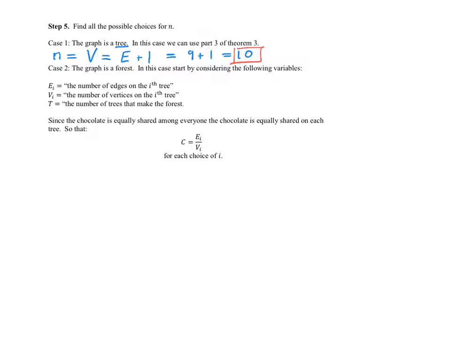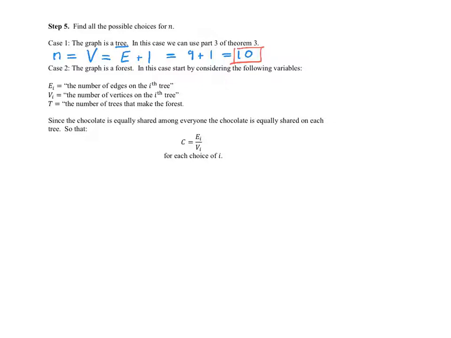So if we take a look at each tree, the chocolate is equally shared on those trees as well, because every kid gets the same amount of chocolate. So we could look at the number of edges on a particular tree and say we'll divide that up by the number of vertices on that tree, and we would get the equal amount of chocolate that everyone gets. And this would happen on all the choices of the trees.